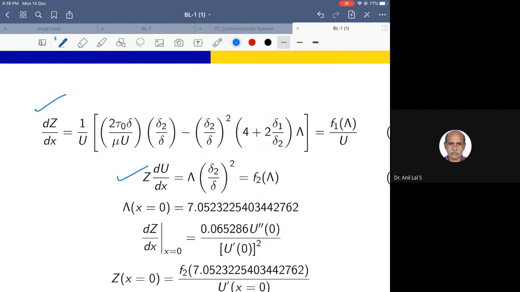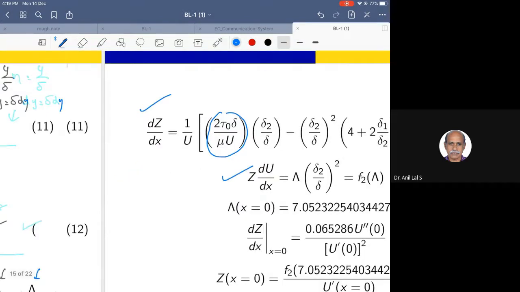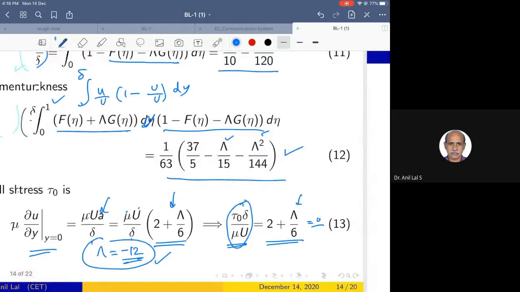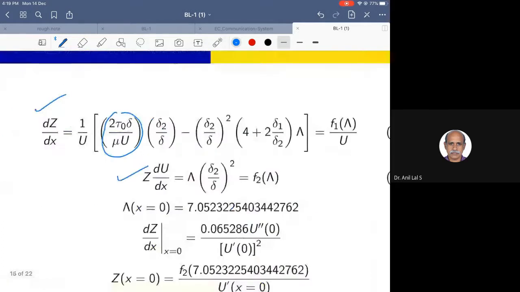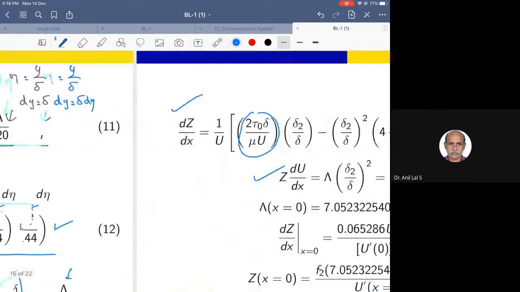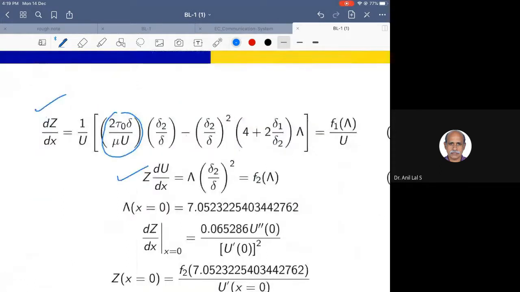Now, as far as this equation is concerned, the whole of this we found is a function of lambda. So (2 plus lambda)/6 is there, plus tau 0 delta by nu u, and this entire thing is multiplied by (2 plus lambda)/6 into 2, and that is this term.